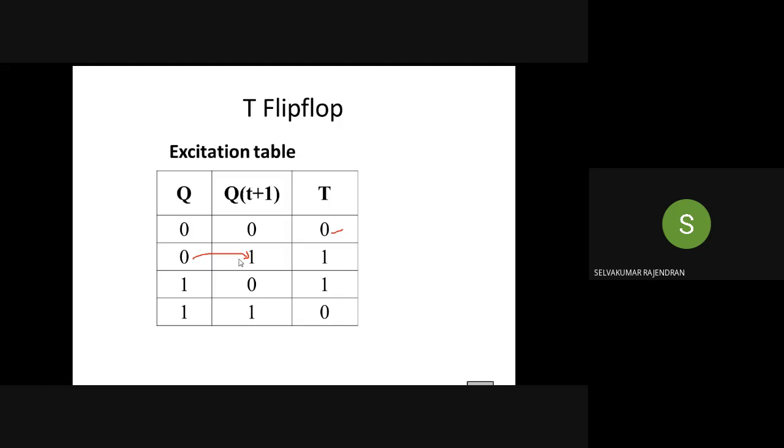To enable toggle condition, T should be logic 1. Similarly, present state is 1, next state is 0: 1 is complemented to 0, so again toggle condition, T should be 1. Here Q equal to 1 is maintained in the next state, so memory state, so T should be 0. Then the characteristic equation: T Q bar plus Q T bar.